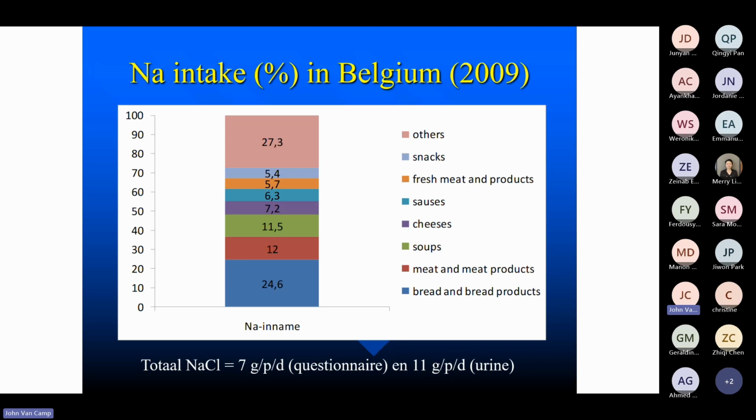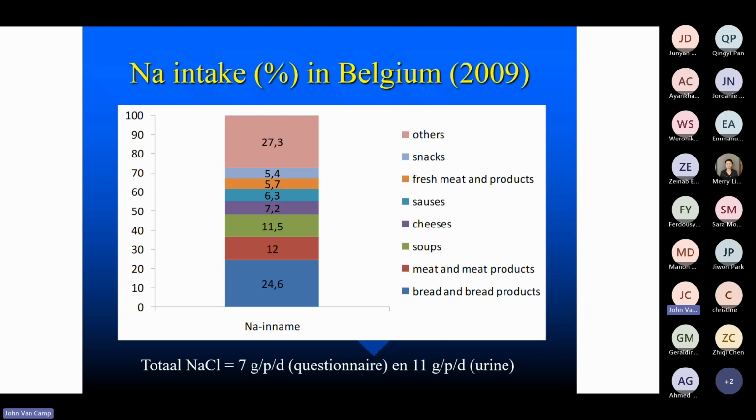They asked all the people from the food producing sectors, so the ones that are bringing foods on the market, to come together and discuss how sodium in foods could be reduced for humans. And so we made an exercise. I also participated in those discussions.